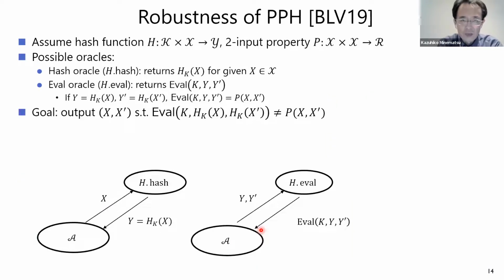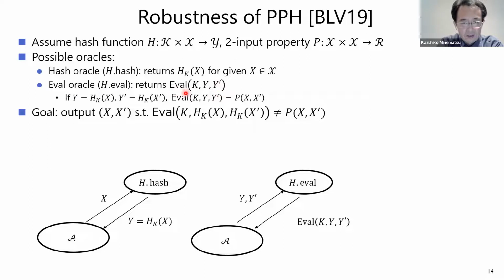So to define the robustness of PPH introduced by BLV19, we first assume that the hash function has a key space K, input space X, output space Y, and a two-input property P. And we consider two possible oracles. The first one is the hashing oracle, which returns the hashing value for a given input. And the second one is the evaluation oracle, which returns the result of the evaluation function, taking the key k and the two hash values y and y prime.